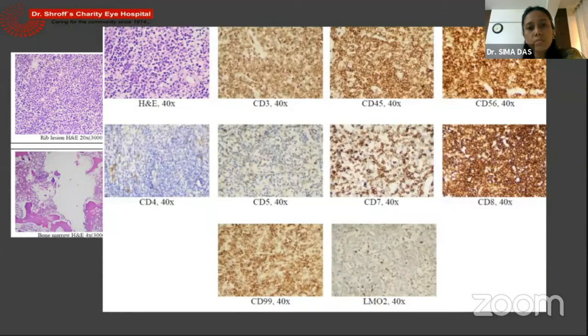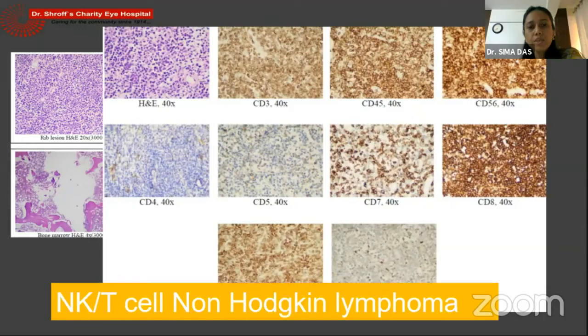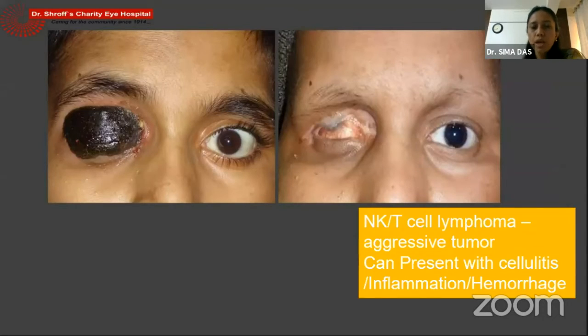The immunomarkers were positive for CD3, 45, 99, which ultimately was suggestive of a diagnosis of NK T-cell non-Hodgkin's lymphoma. T-cell lymphomas, especially NK cell lymphomas, are very unusual in the orbit. Lymphomas are not very common in children, though it's very rare, but what we saw were mostly the B-cell ones.